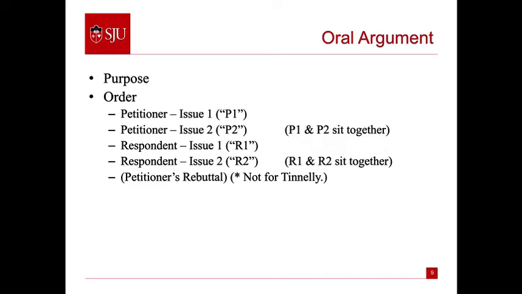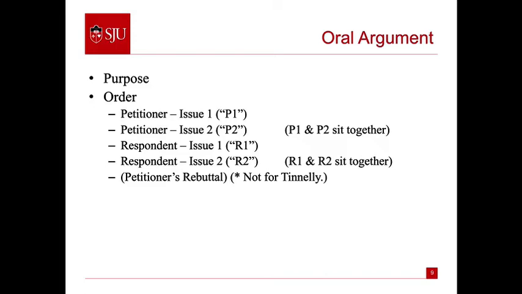So the way it works is petitioner's counsel, the student arguing issue number 1, goes first, presents their argument for typically 10 minutes or so. Check the instructions for the Tinnelly competition to see how many minutes are allocated this year. They'll present their argument on that issue only.